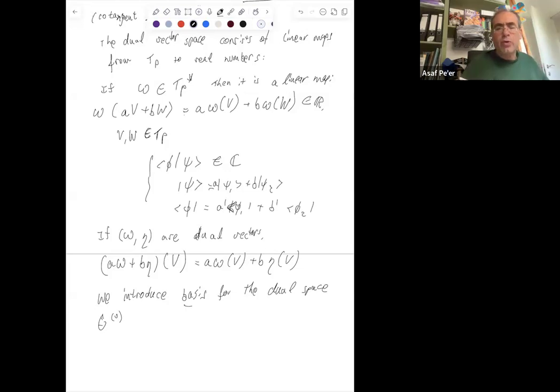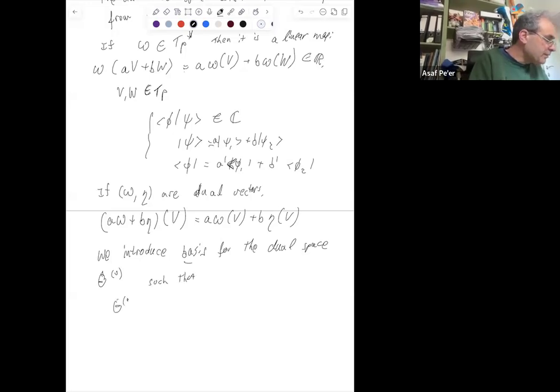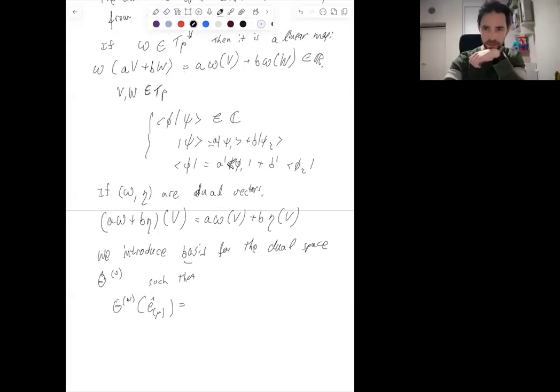The requirement for these covectors to form a basis is the way they act on the basis of the real space, such that theta nu operating on E mu gives what real number? 1 or 0.